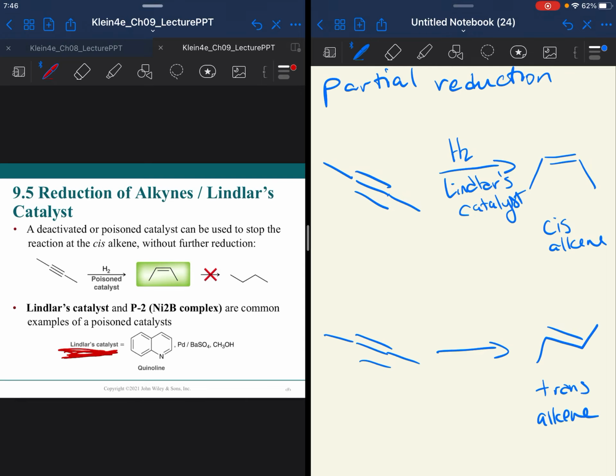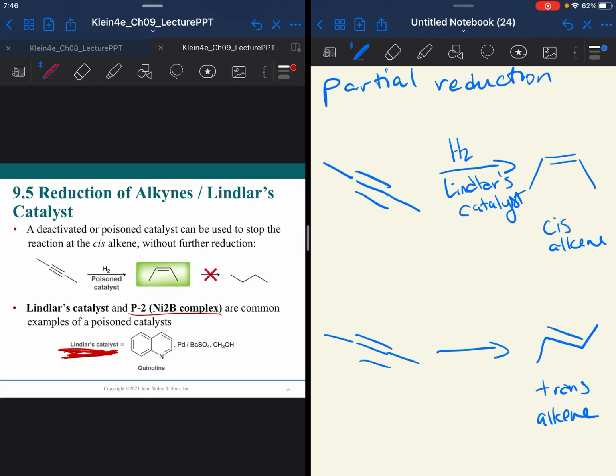Just know the name Lindlar's catalyst. It's quinoline with palladium on barium sulfate, and it is usually in methanol. There are other examples of poisoned catalysts, like this nickel complex, but they do the same thing, so I just want you to know the most common one that we teach in organic, and that is Lindlar.